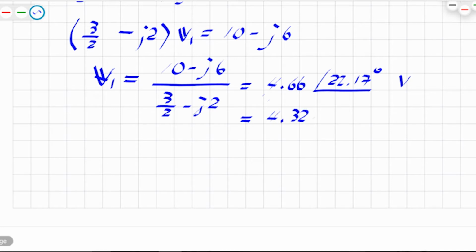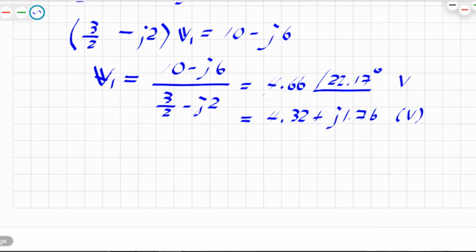And then the imaginary part is 4.66 times sine of 22.17. That gives us J1.76. Now I'm doing this because later on we need to add to V1, so we need to do addition or subtraction operations, and the rectangular component is necessary.